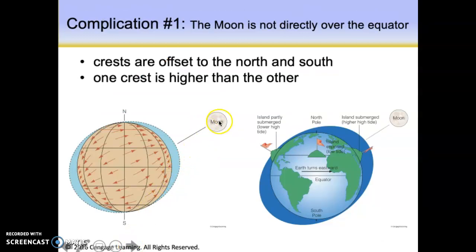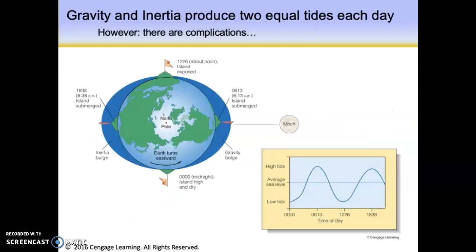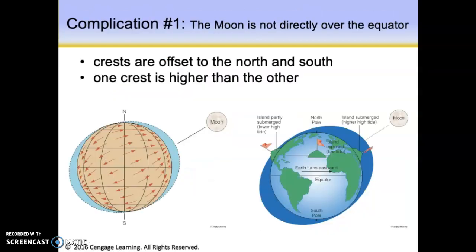Complication number one is the moon is not directly over the equator. So instead of looking at the view from the North Pole down, we are now looking at the view from the side. And we can see that if you are here in the northern hemisphere, you're going to hit that crest right in the middle at one point of the day.